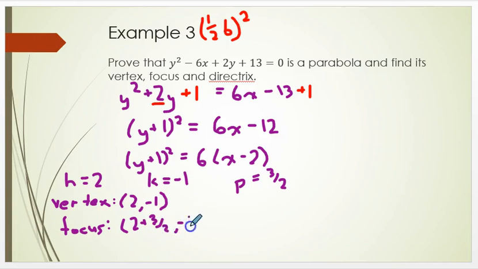And then the other value just stays as it is, the negative 1. I didn't simplify it because I wanted you to see where this number was going to come from. Remember, if you try to add or subtract fractions, you have to have a common denominator. So think of this as 4 over 2 plus 3 over 2, which means my focus will be 7 over 2, comma negative 1.